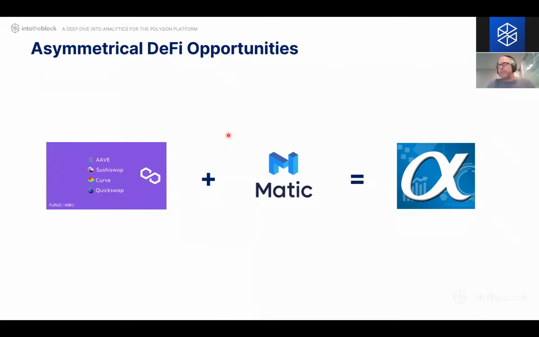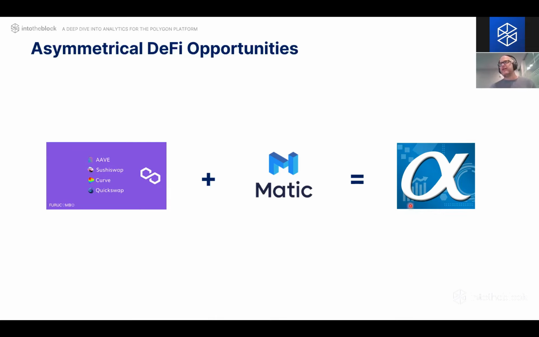Those tokens are being distributed to incentivize adoption of those protocols. What is happening is that it's creating completely asymmetrical opportunities, because you can take advantage of the native opportunities of a protocol like Aave or Curve, combined with additional incentives in Matic.